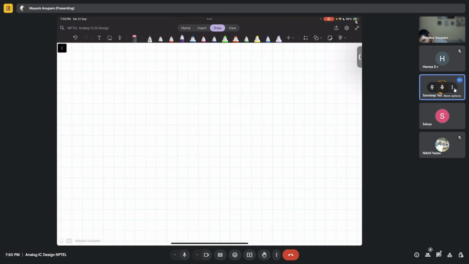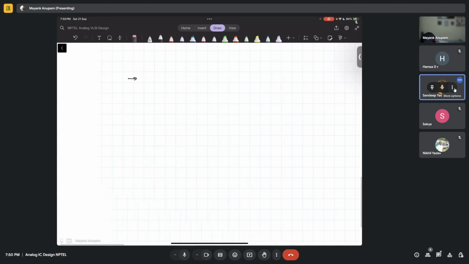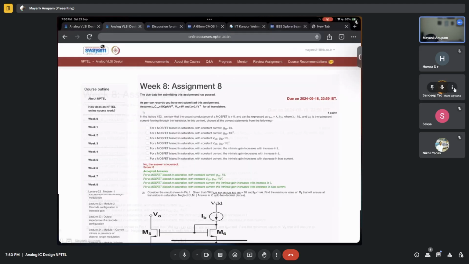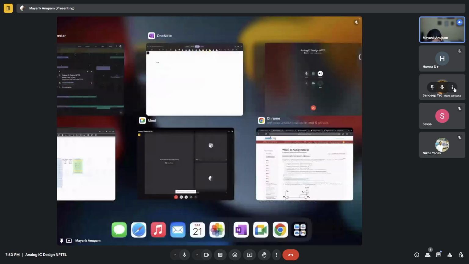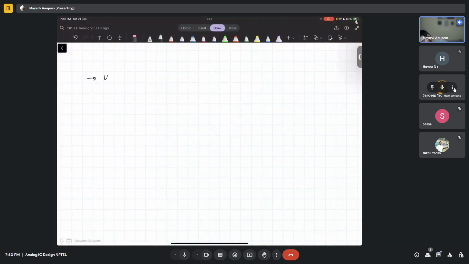You can get this from the expression itself. The statement was for a MOSFET biased in saturation with constant VGS. So with constant VGS, what is GDS equal to? Lambda times IDS.